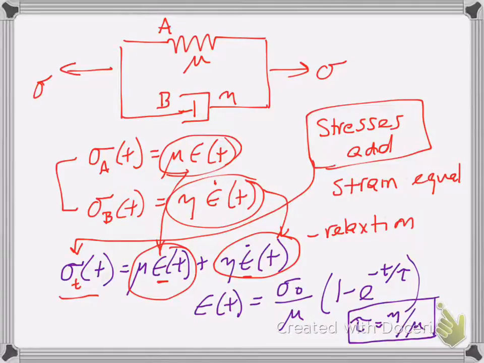And in that case, we need to work back at what the net strain might be. So this basically requires solving this ordinary differential equation, which is a pretty standard one that ends up giving you an exponential.